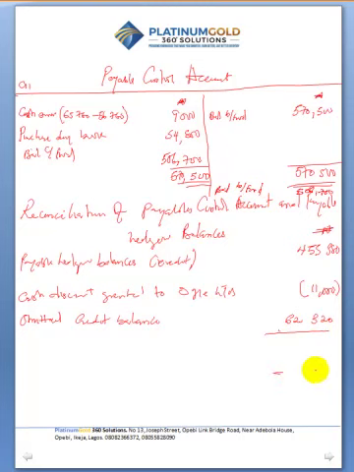Let's close this and see if it will give us the same. 455,380 minus 11,000 plus 62,320.